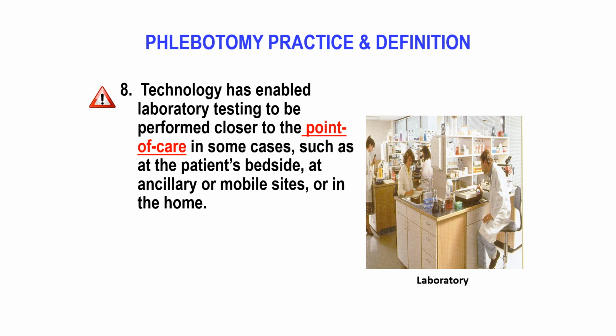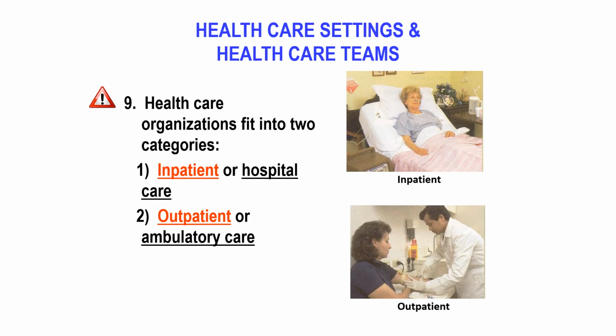That also means at ancillary places such as a stat lab in the ER, a stat lab in the NICU or in ICU, and also mobile sites where they can go out into the community and do testing on patients, right? Also, patients can test their glucose at home, or you can go out working for a home health and do testing in their home.